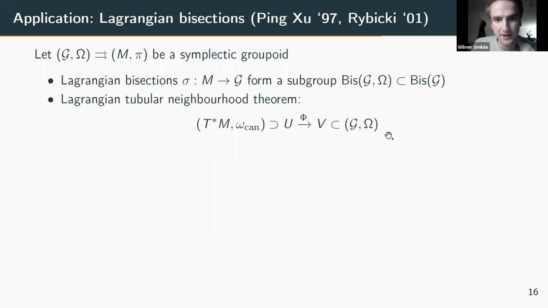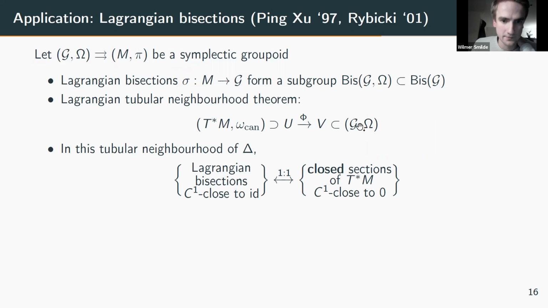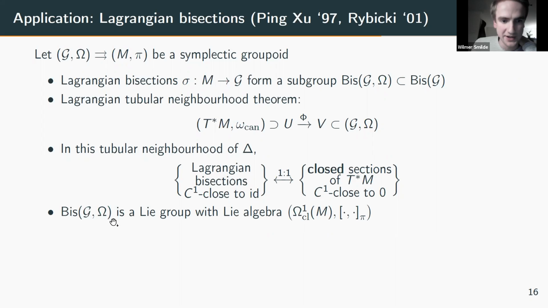And using the regular Lagrangian neighbourhood theorem, you can build a chart on the group of Lagrangian bisections. This chart is modeled on the closed sections of T*M. This way, the group of Lagrangian bisections is a Lie group whose Lie algebra is given by the closed one-forms equipped with the brackets induced by the Poisson structure.